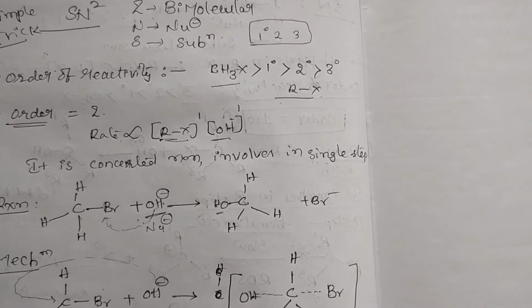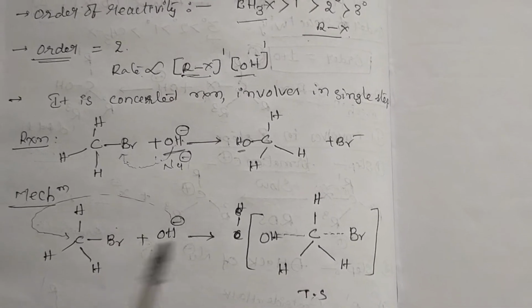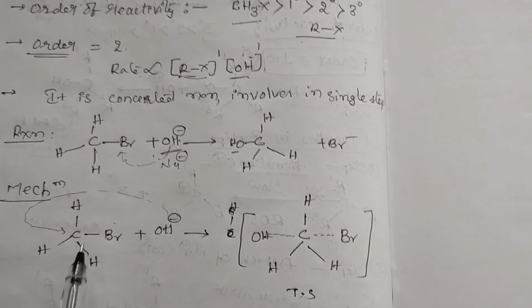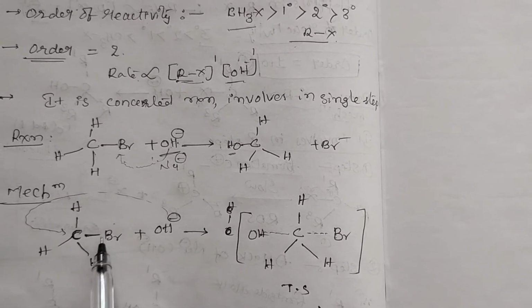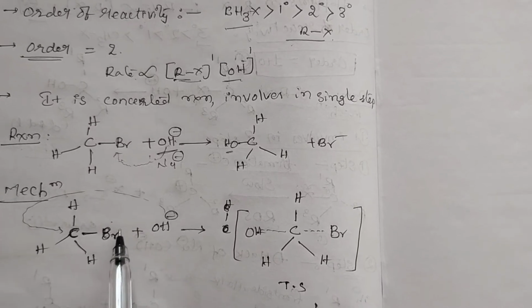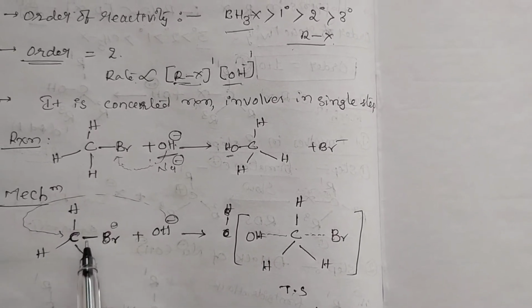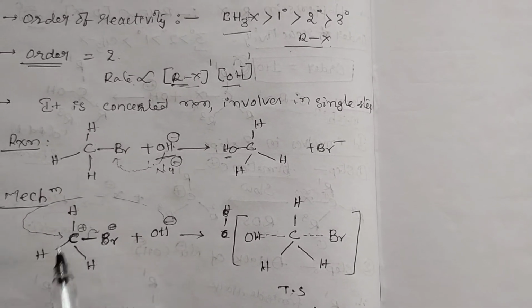Next, we will discuss the mechanism. In this mechanism, what is happening? This is a very important thing we should know. If you see, this bromine is also one of the nucleophiles. When it undergoes ionization, you will get a negative charge on it and this carbon will get a positive charge.